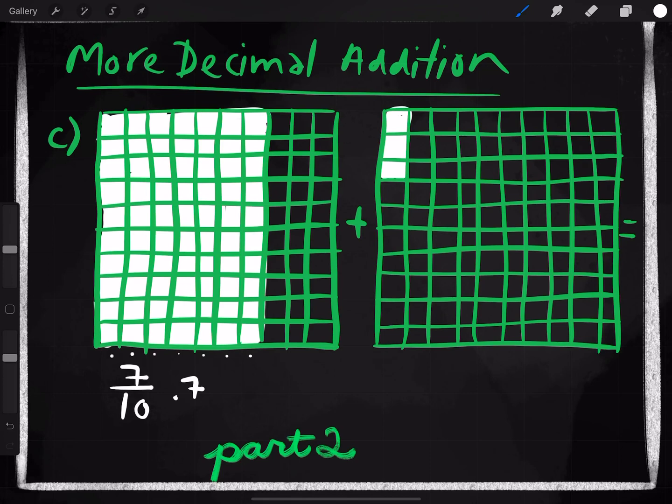And then here we have 3 out of 100 colored, or 0.03. So if we want to just focus on the decimals, erase that so it's really easy to see. 0.7 plus 0.03 equals 0.73, or 73/100ths.